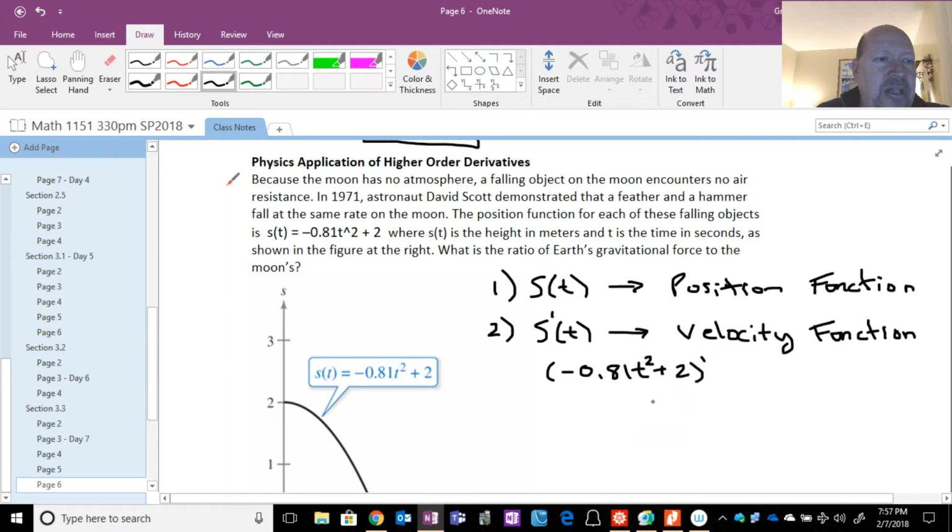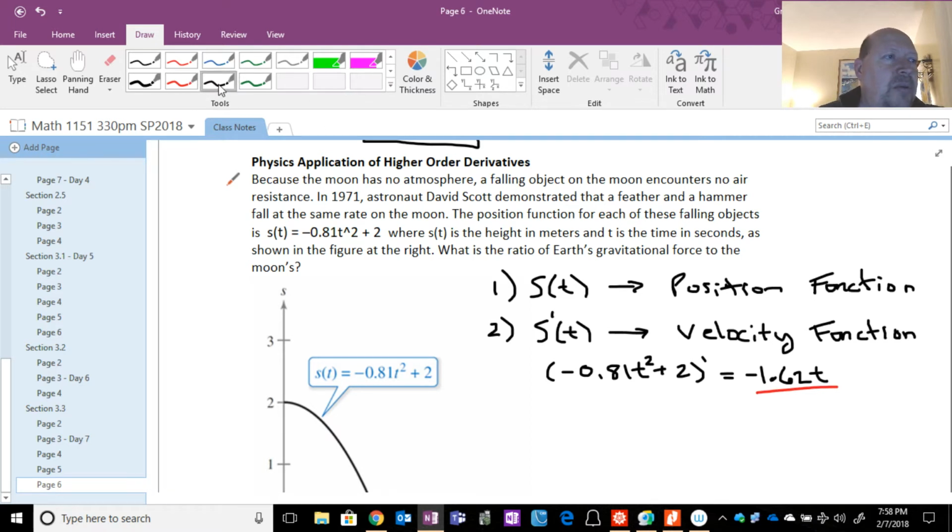We take the derivative of that. 2 times negative 0.81 is negative 1.62, and there would be a t, because the t squared would be decreased by a power. So this function, negative 1.62t, would tell you the velocity of some falling object at any particular time t.